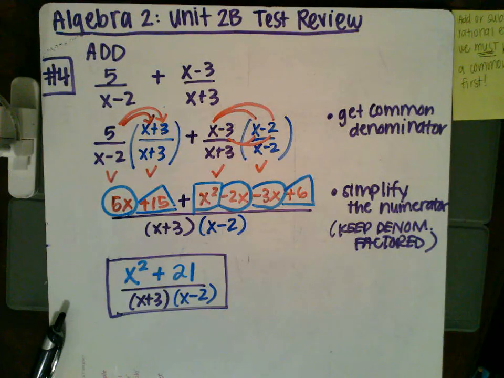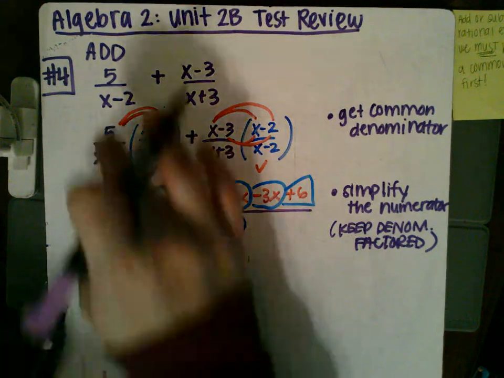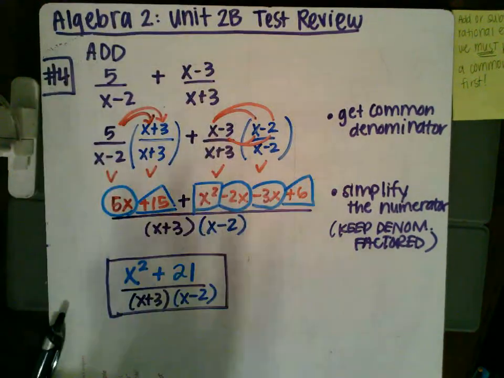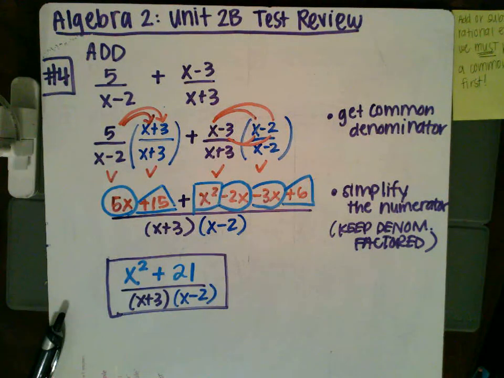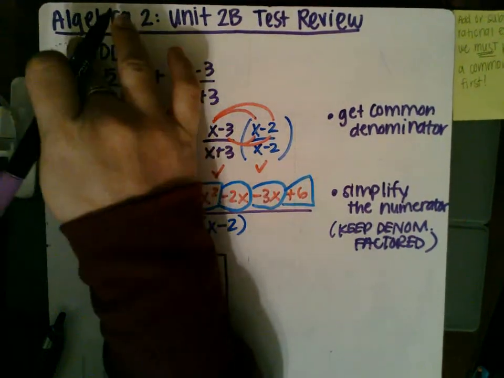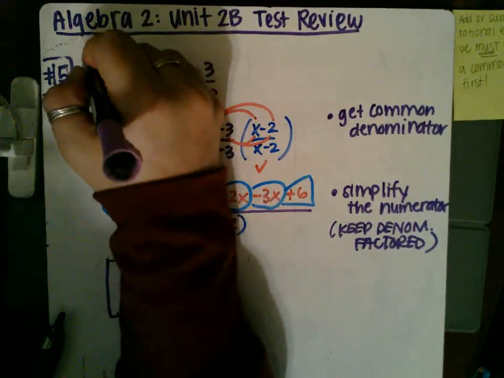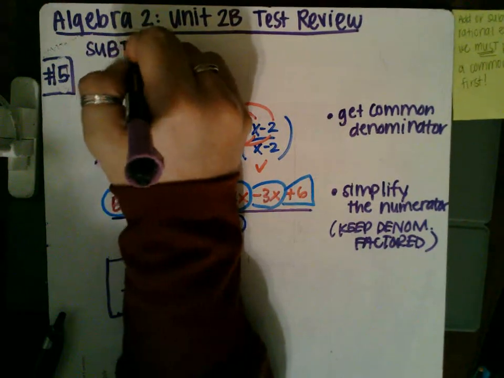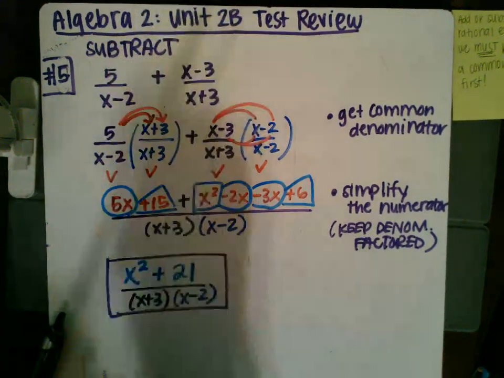Question number 5 is similar to addition because we're going to subtract, okay? So question number 5, go ahead and get this if you need it. Pause the video right now. And question number 5 asks us to subtract the following expressions.